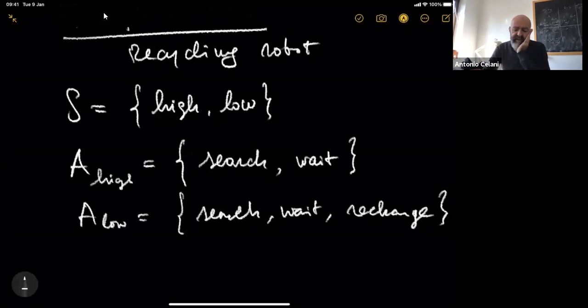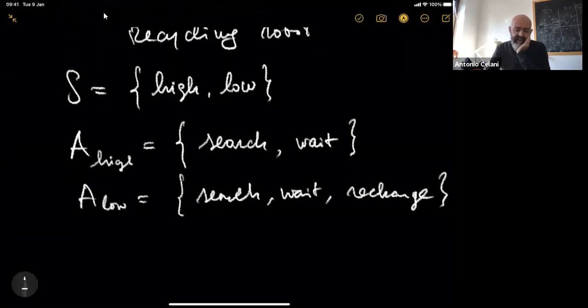So this defines the states and the actions. Now we would have to define the rewards, okay, which in this particular example are not stochastic.